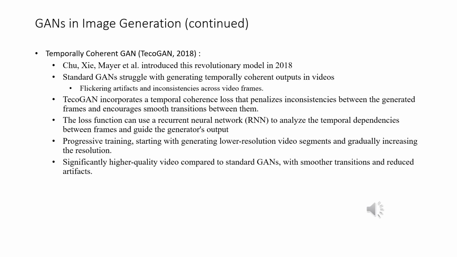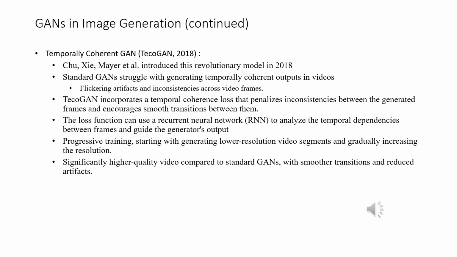The temporal coherent GAN, also known as the TecoGAN, was introduced in 2018 by Xu, Shi, and Meyer and team. Standard GANs struggle with generating temporally coherent outputs in videos. Standard GANs have frequent artifacts and inconsistencies across video frames. TecoGAN incorporates a temporal coherence loss that penalizes inconsistencies between the generated frames and encourages smooth transitions between them.